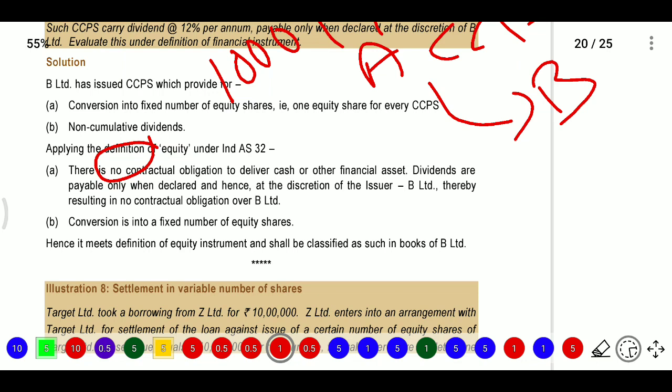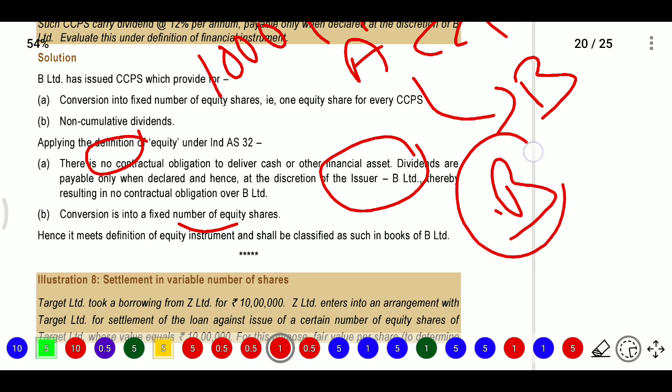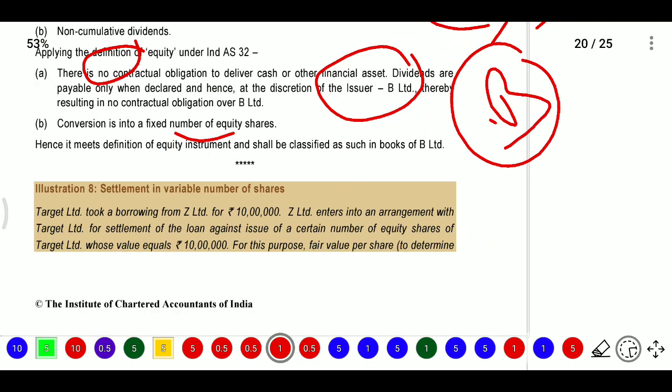Dividend is payable only when declared, and hence at the discretion of the issuer, that is B Limited. So there is no contractual obligation as of now, and they are converting into a fixed number of equity shares, and conversion into a fixed number of equity shares means by the definition of equity instruments, they are classified as such in the books of B Limited. So in B Limited's books it will be an equity instrument only.